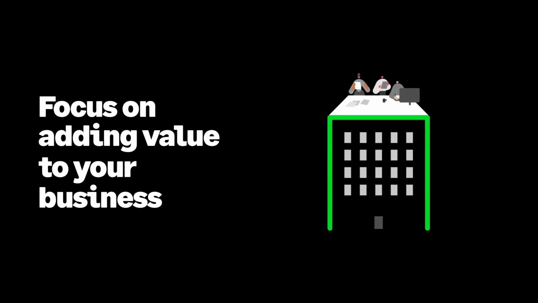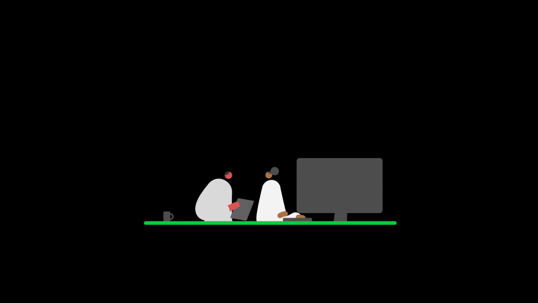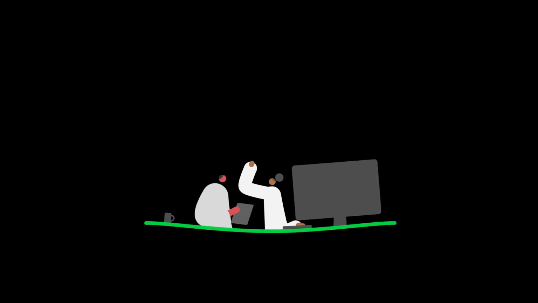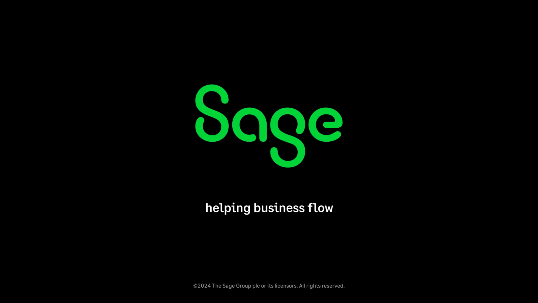That way you can focus on adding value to your business. And this is just the start. We're going to be adding even more to the Sage network to simplify your workflows, like new apps and AI features. With the future of connected accounting, save time, increase visibility, and get paid faster. Sage, helping business flow.